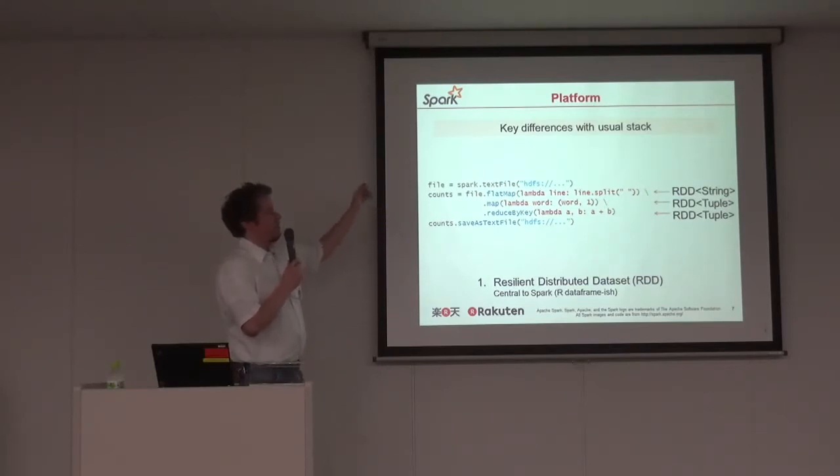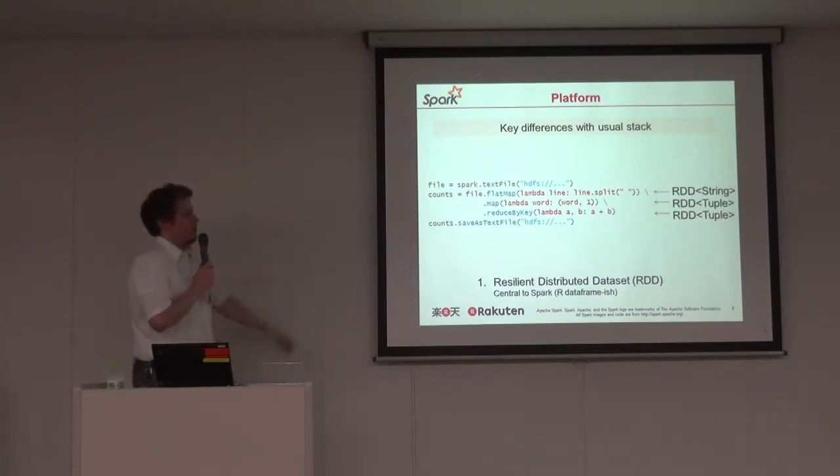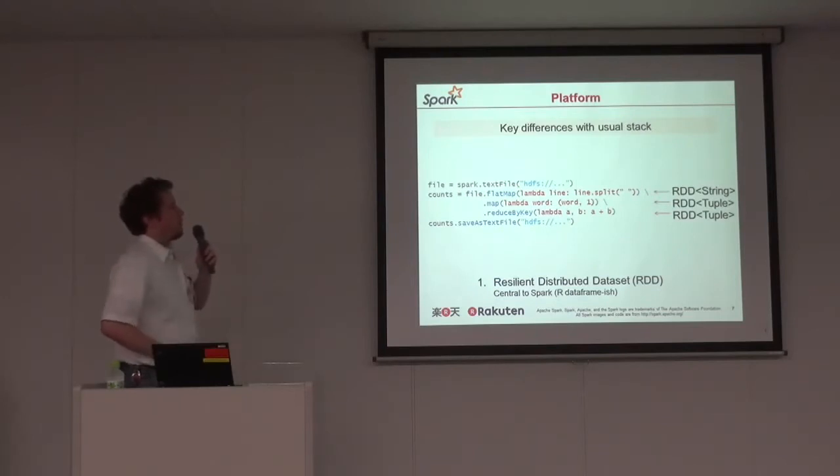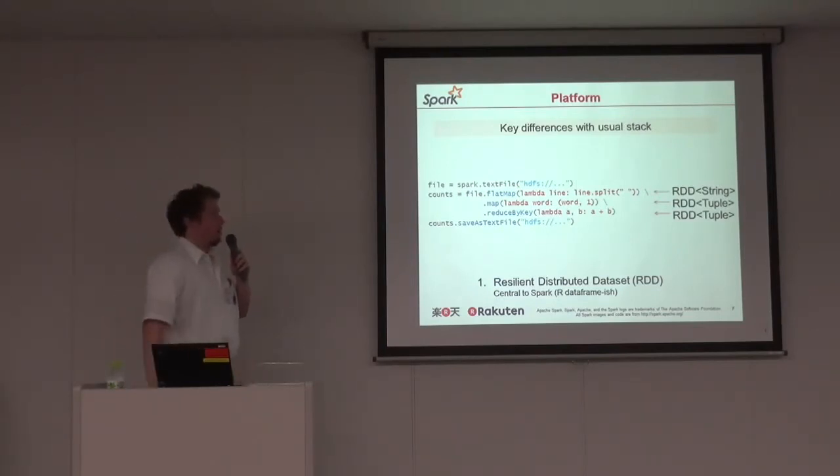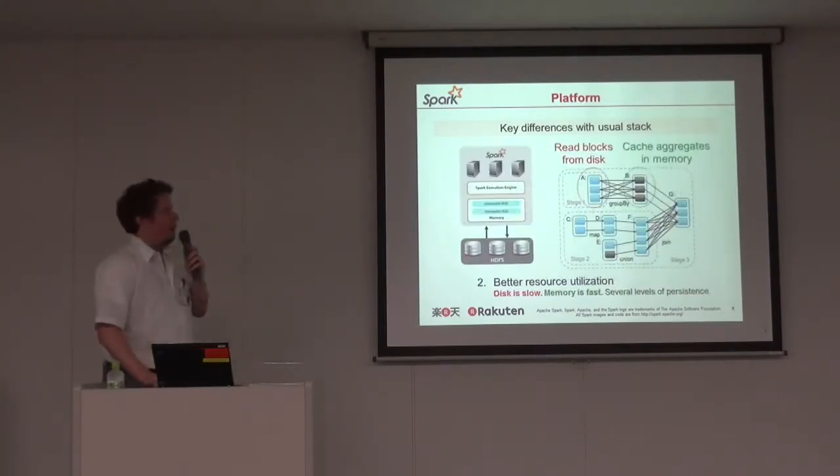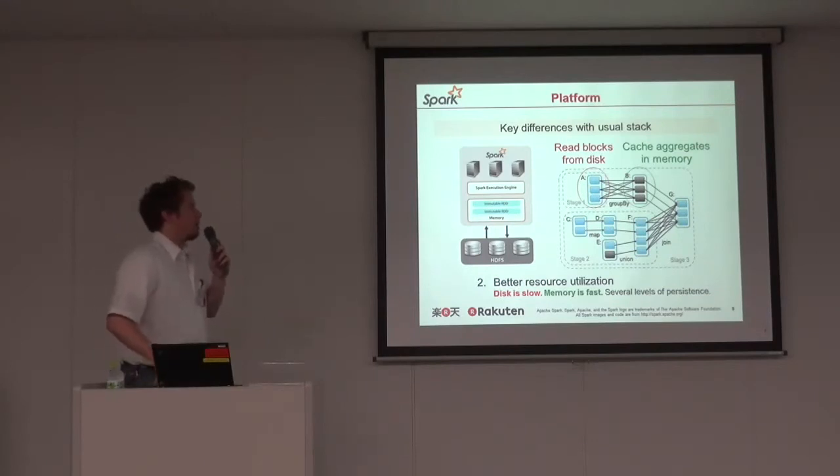Then you just do transformations one after another, and every output is an RDD. In this case, at the end, you save as a text file, right? So this is a regular word count example. You can see it's pretty short and easy to write. It has better resource utilization than the regular stack.